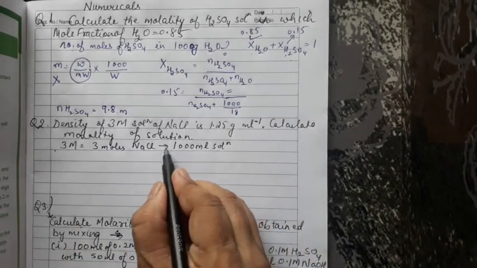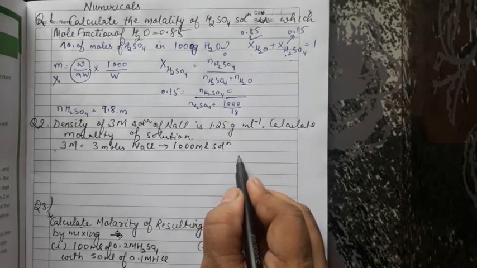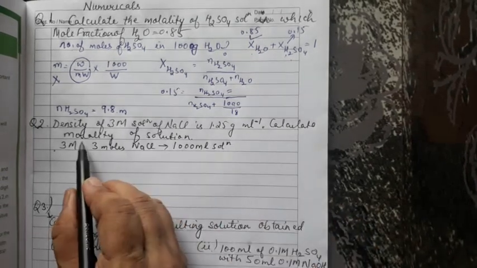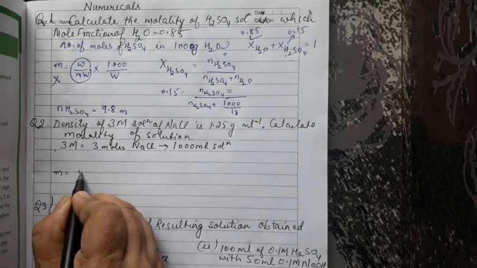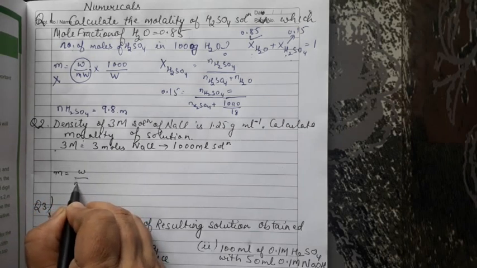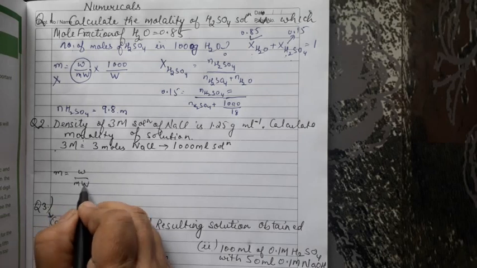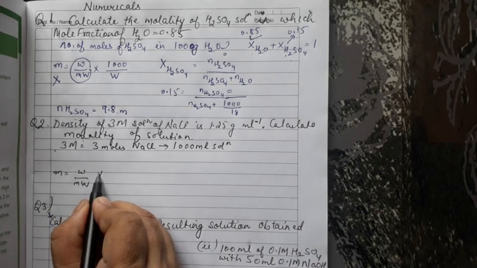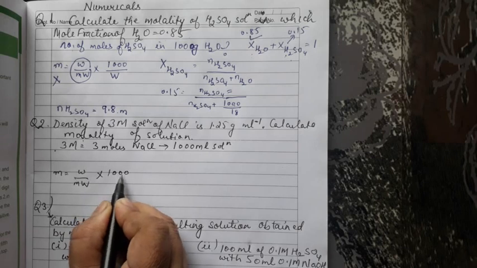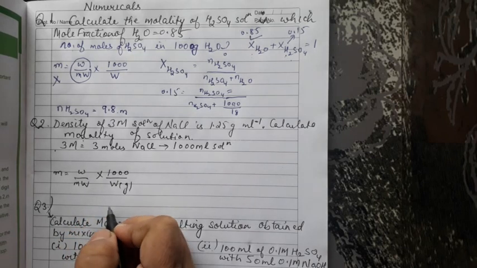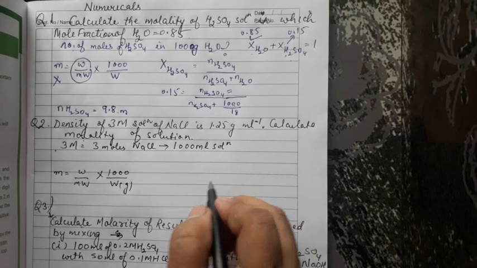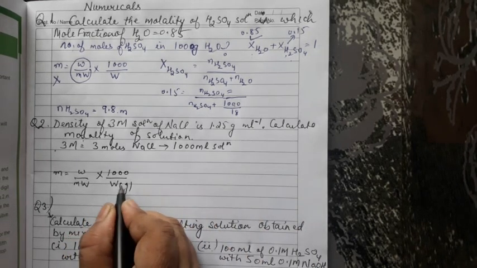Now I will convert this volume into mass because I am asked to calculate molality, where molality we know is weight by molecular weight. In a way this is number of moles into 1000 divided by weight of the solvent in grams.